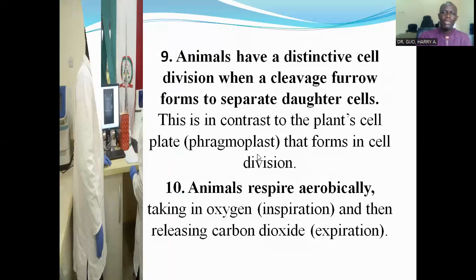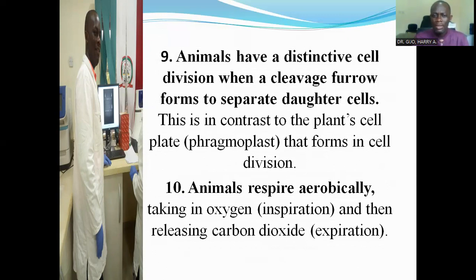The ninth distinctive feature is that animals have a distinctive cell division in which a cleavage furrow forms to separate daughter cells, after telophase and during cytokinesis, dividing the two daughter cells.